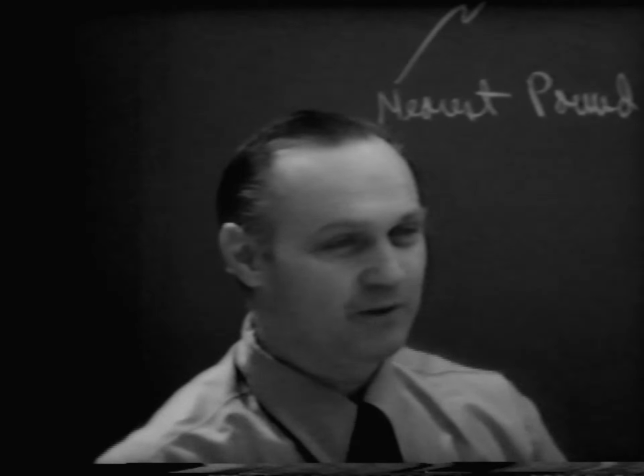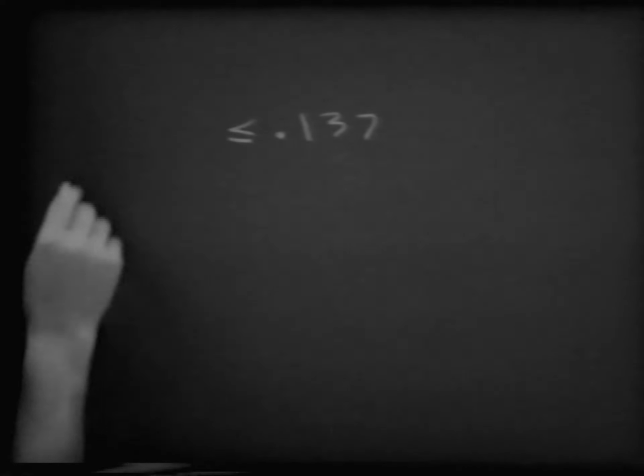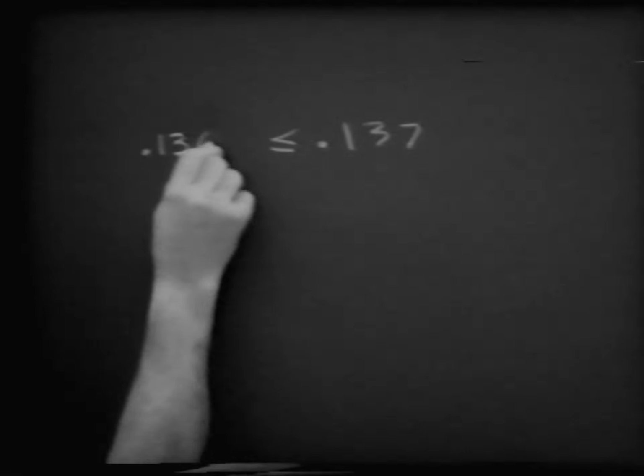Well, at the same time, suppose the chemist happened to be weighing some compound, and suppose he came up with a measurement of 0.137 ounces. And again, to the nearest ounce, if that is his unit of measure, this must be greater than or equal to what number? 0.1365.